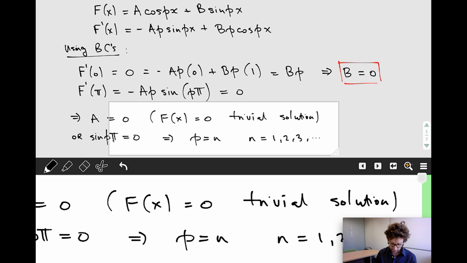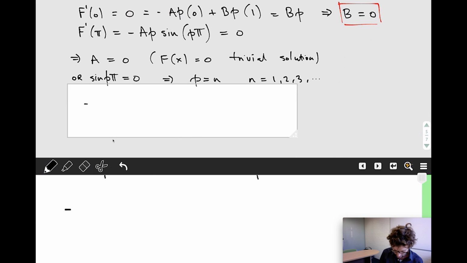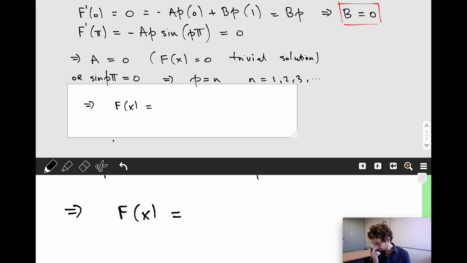So we've found solutions for f of x. The only non-trivial solution will give us f of x is equal to a times cosine nx.